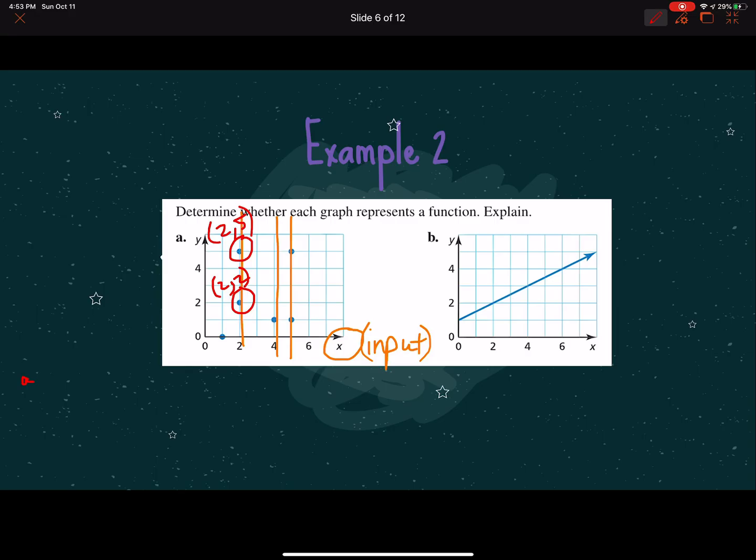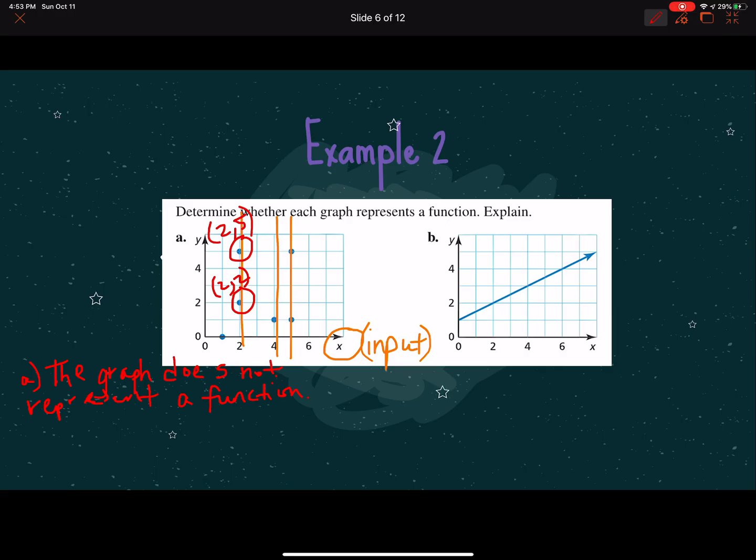So for my explanation on part A, the graph does not represent a function.